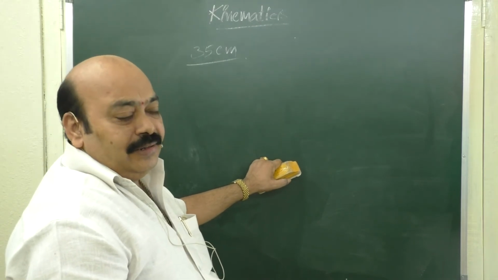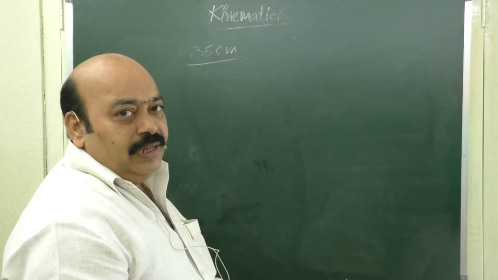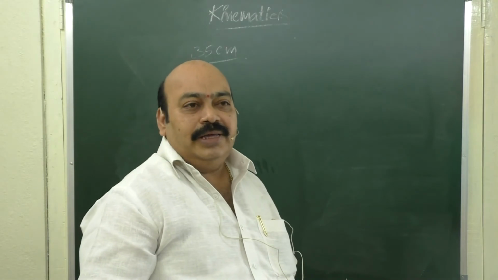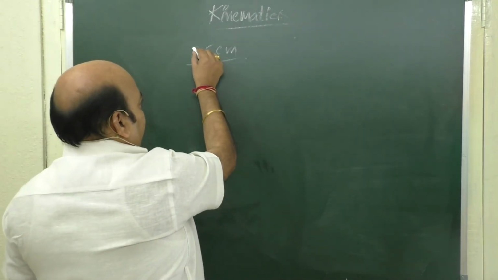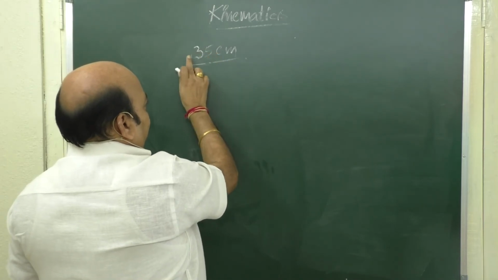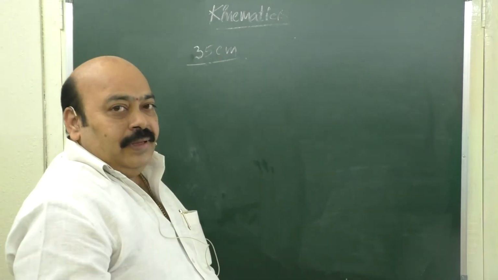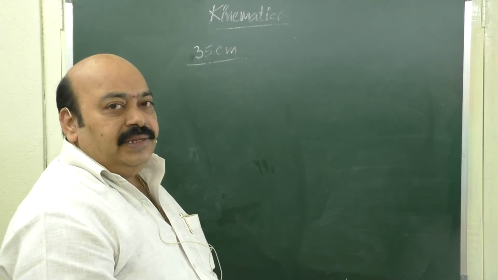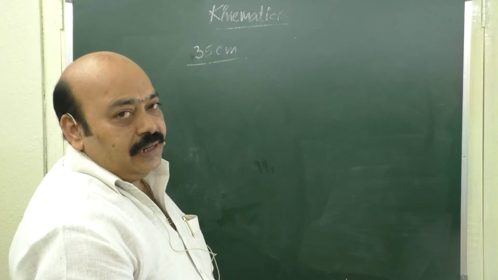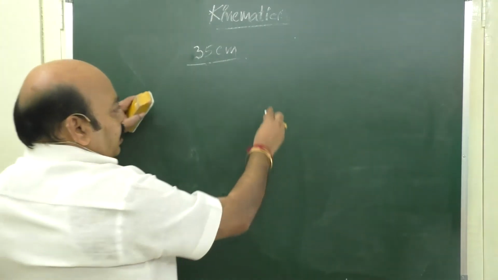Once again, a particle is moving along a circular path of radius 35 centimeter. It subtends an angle of 60 degrees at the center of the circle. See, this is the situation.